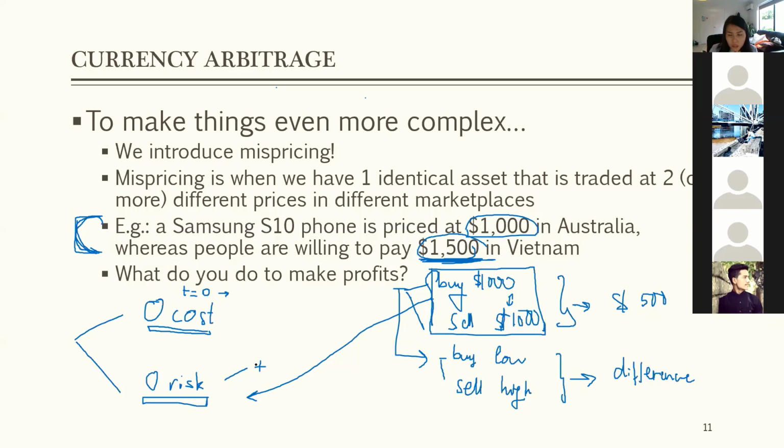You buy the phone in Australia, but immediately you're going to be selling that same phone to someone in the other market, okay? So that you don't get exposed to any underlying asset. So typically in an arbitrage strategy, you will have two or more transactions that perfectly offset each other, okay?